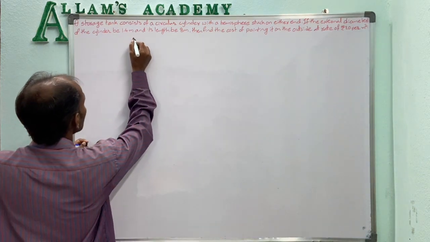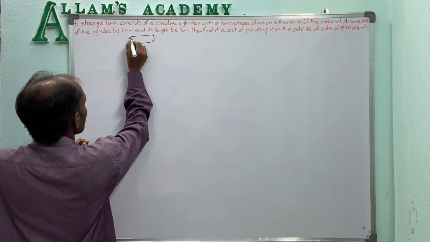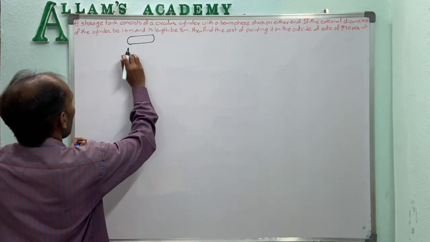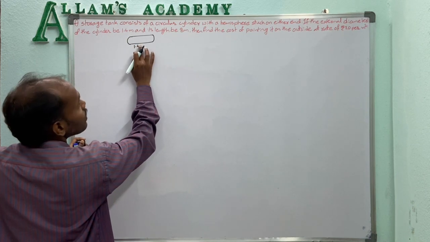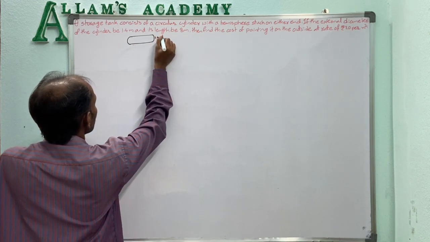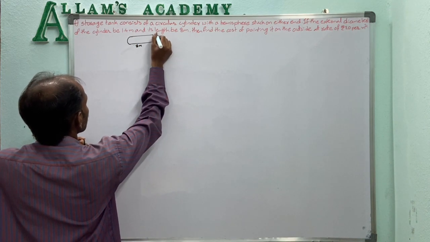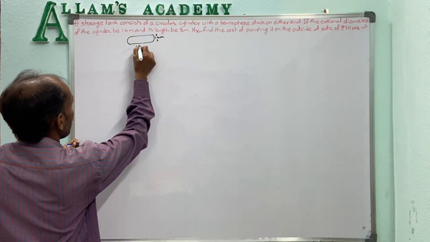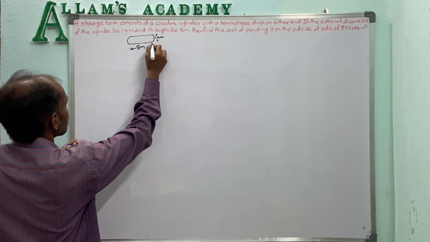So here is a storage tank whose ends are hemispherical and the middle is cylindrical. The diameter is 1.4 meters and the length is 8 meters, given. So the height is nothing but 8 meters for the cylindrical portion only.